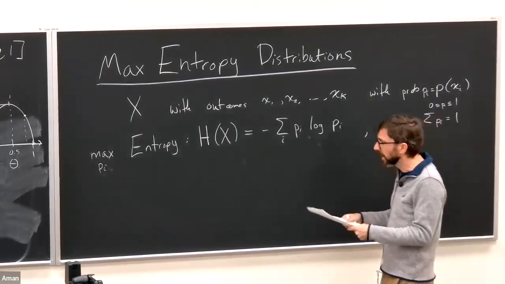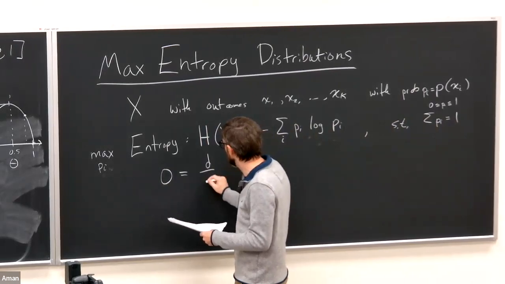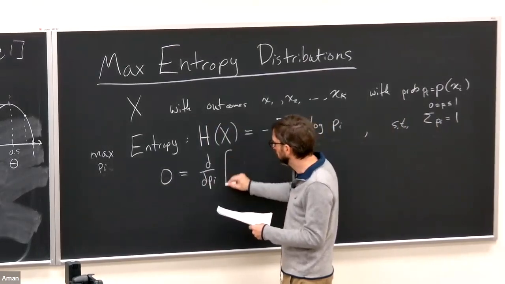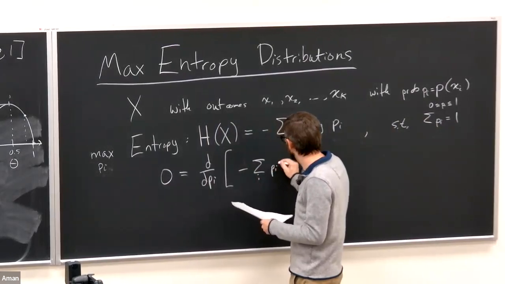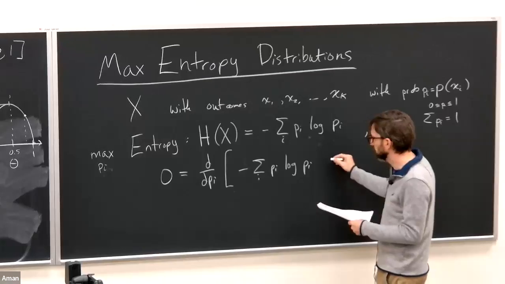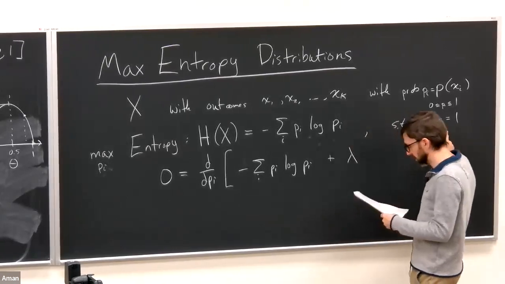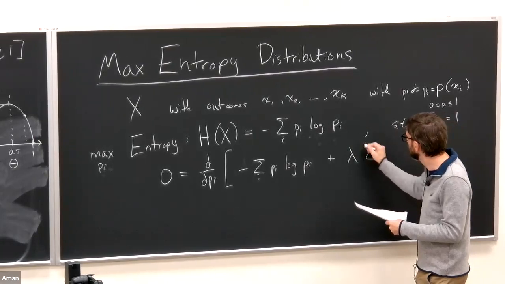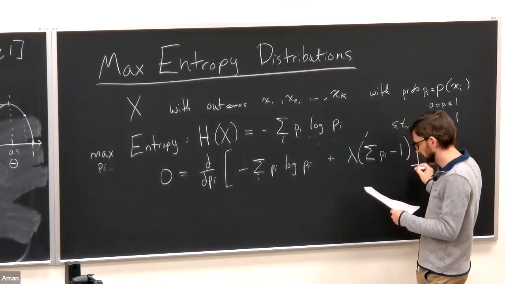Okay, and so that looks like the following. I need to set to 0 the gradient, which is going to be the derivative with respect to the p_i's of the equation up here, the sum of p_i log p_i, plus the Lagrange multiplier lambda times this constraint, that the sum of the p_i's is equal to 1.